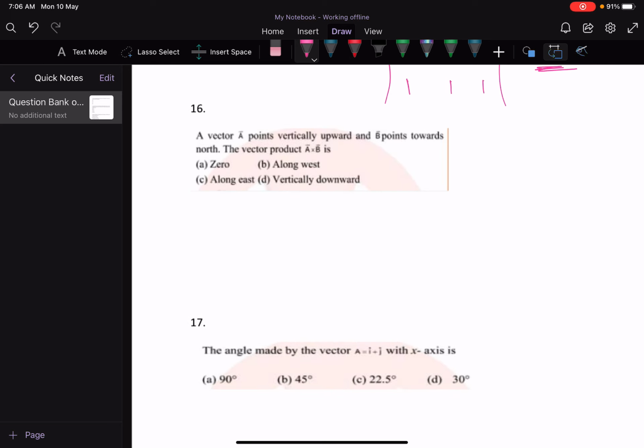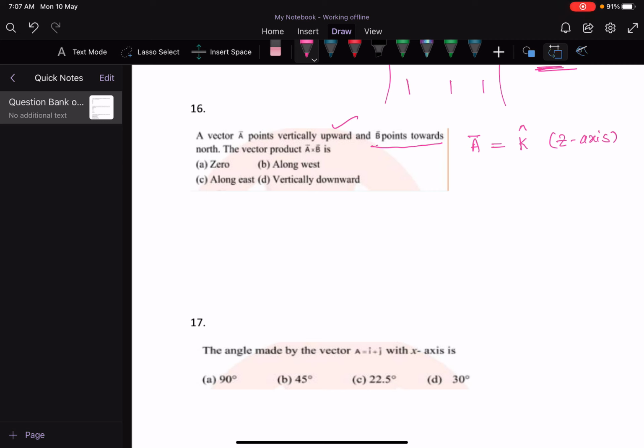Right. 16. A vector A points vertically upwards and B points towards north. Vector A vertically upwards means the z-axis. What is the unit vector along the z-axis? That is k. Now B points towards north.